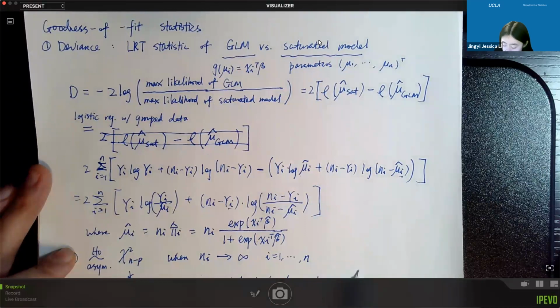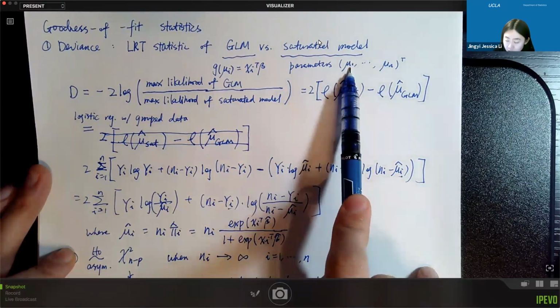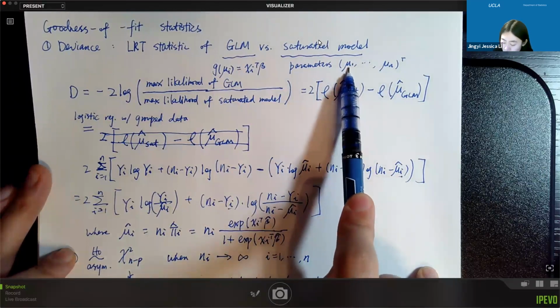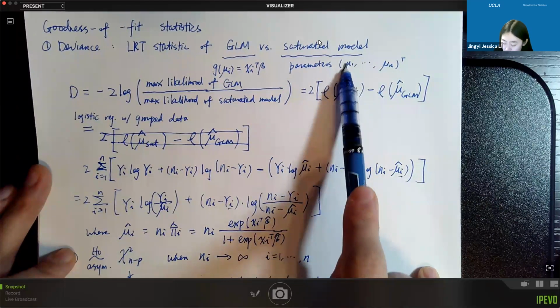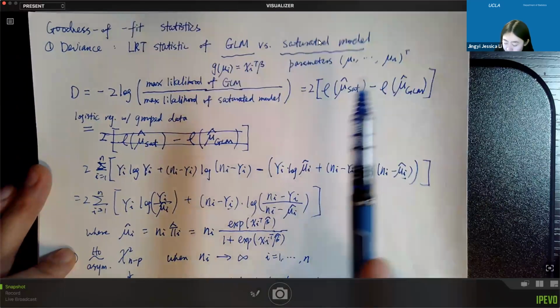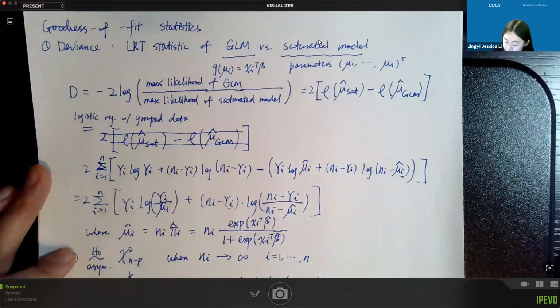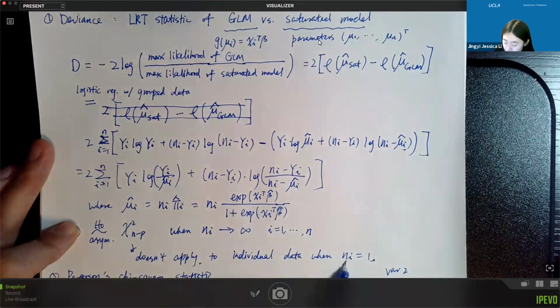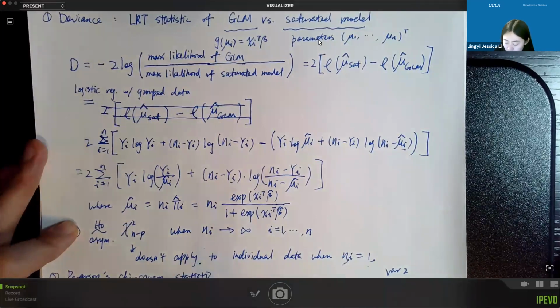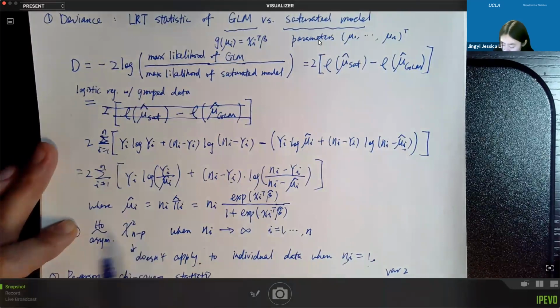The reason is that for the saturated model, each parameter is estimated from ni observations, so for the saturated model MLE, we need a large sample size. If we are in the individual data scenario where we only have one observation in each group, that is ni equals 1, then we do not satisfy this asymptotic condition. So this chi-square asymptotic distribution cannot be used.